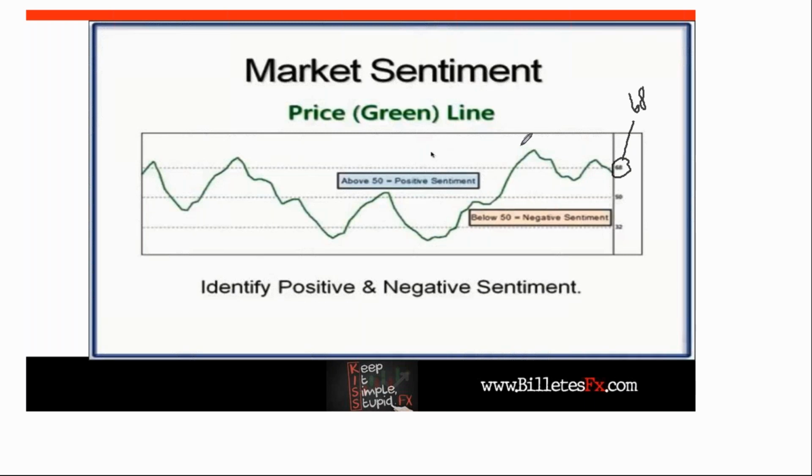Price went up, went up, went up. The trend has been exhausted. Expect it to correct. The 32, it's oversold. Price came down, came down, came down. It's been exhausted already, oversold. It starts to correct.